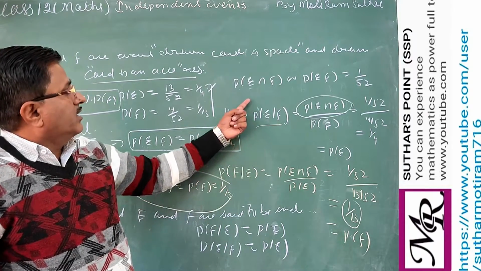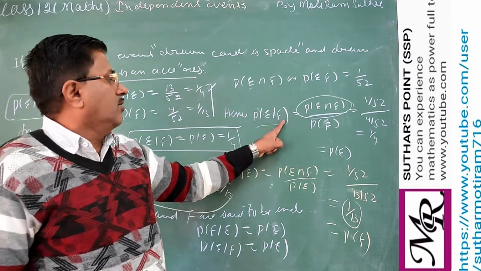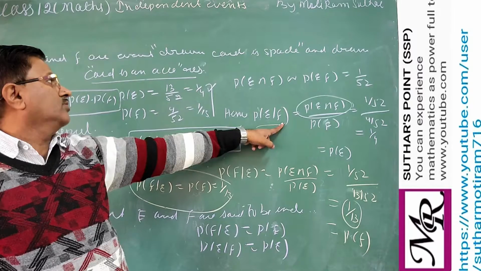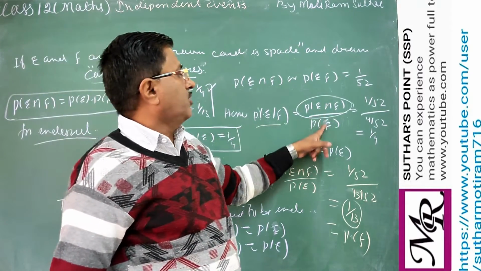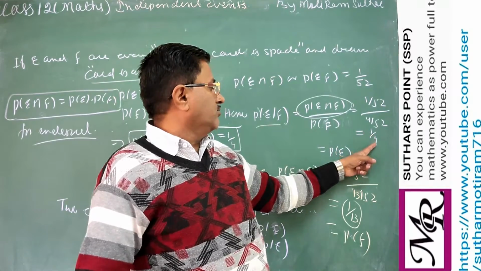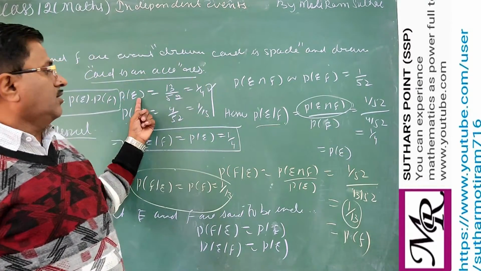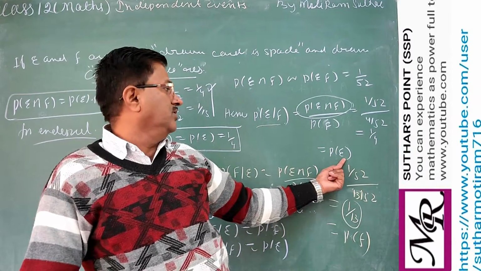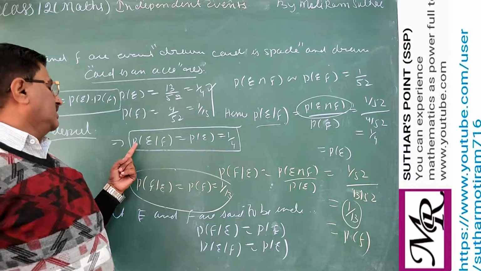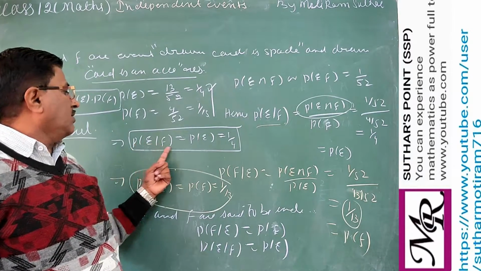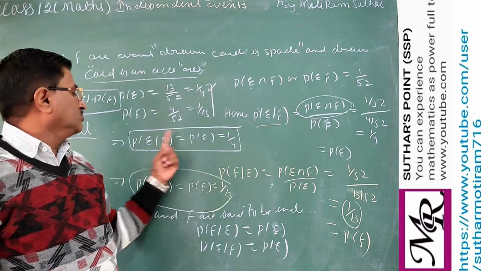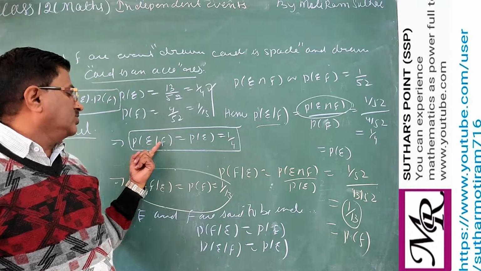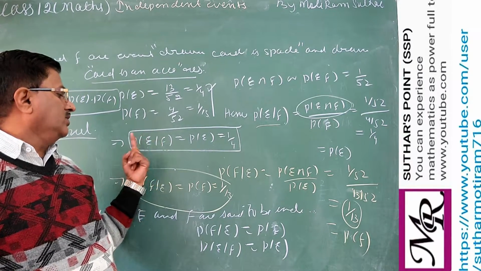Now if you want to find the conditional probability P(E|F), meaning the probability of getting a spade when F has already happened, or the drawn card is an ace, using the formula and putting in the values you get 1 by 4, which is equal to the probability of E. So P(E|F) equals P(E), equals 1 by 4. Both are equal, the conditional probability and the simple probability, so we can say there is no effect of F happening on E.